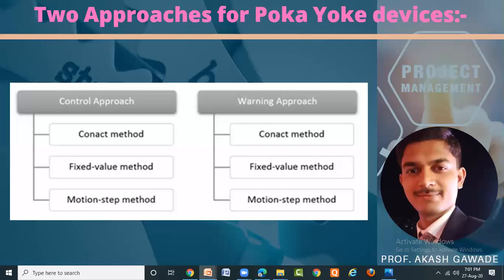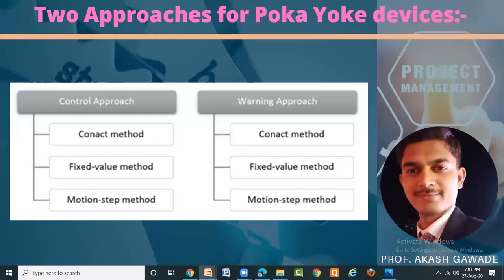See, if you want to produce only 4 holes on a particular pipe, then the operator has a duty to make only 4 holes on that pipe, not 3 holes, not less than 4, and not more than 4.